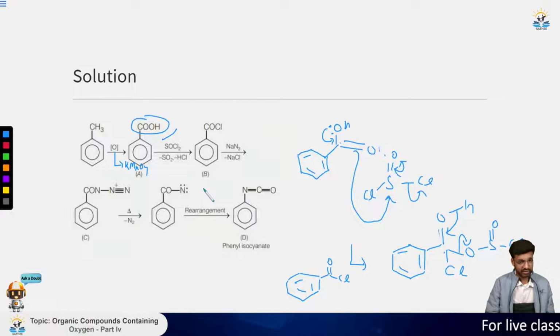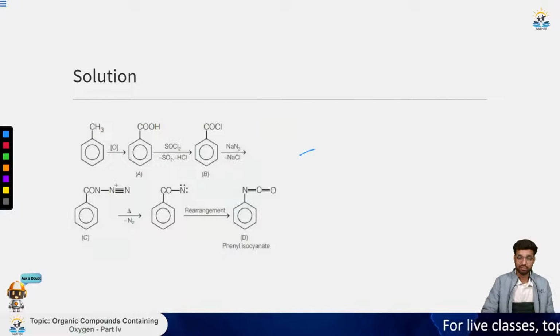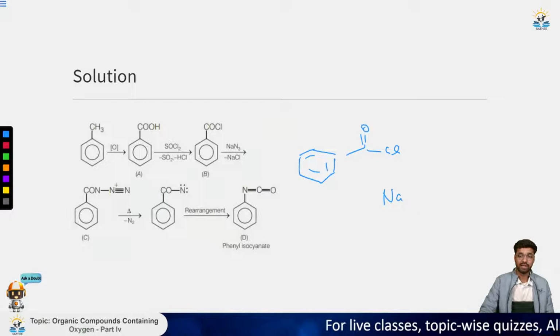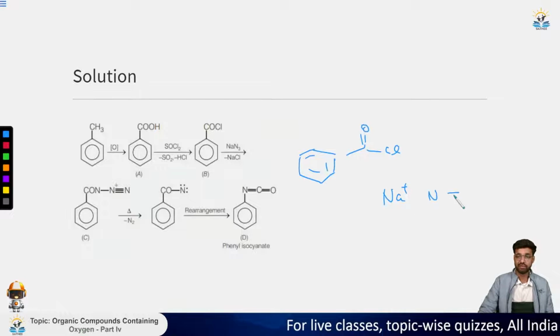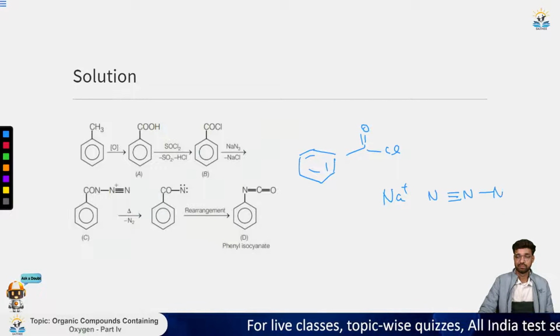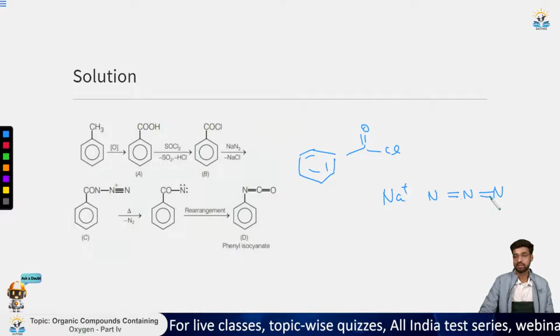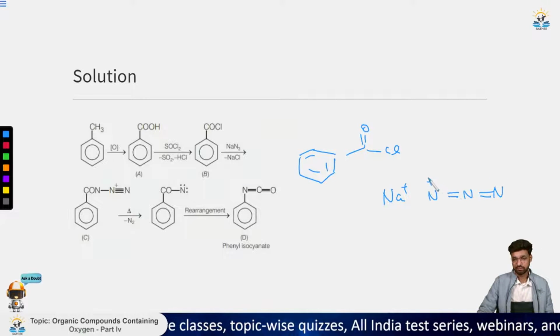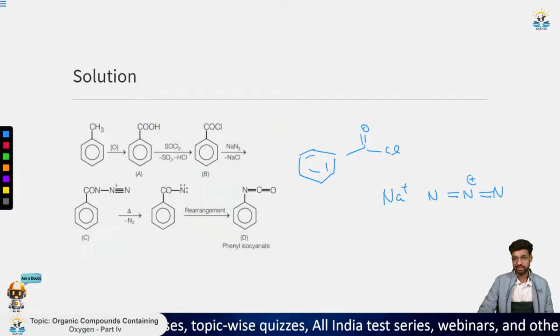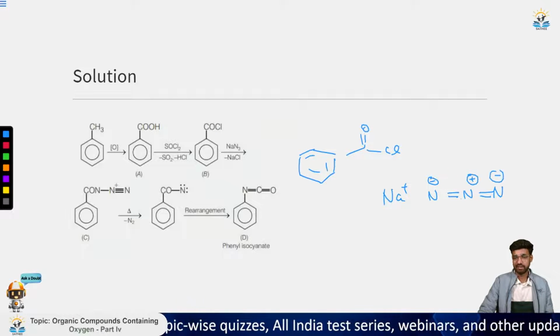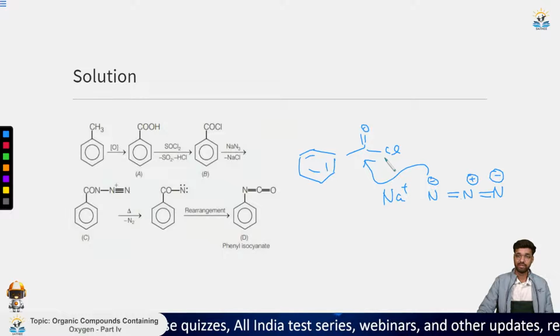Then we will take the N3. So this is the intermediate that we are having, with Cl. Now Na plus and N3 minus has this kind of structure. It looks like this: positive charge here, negative charge here, and negative charge here. It will simply attack here.